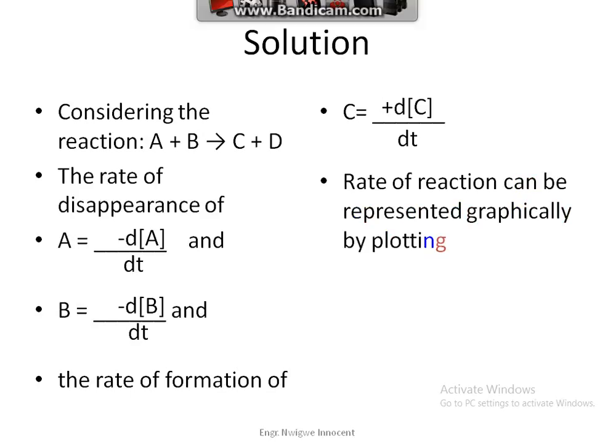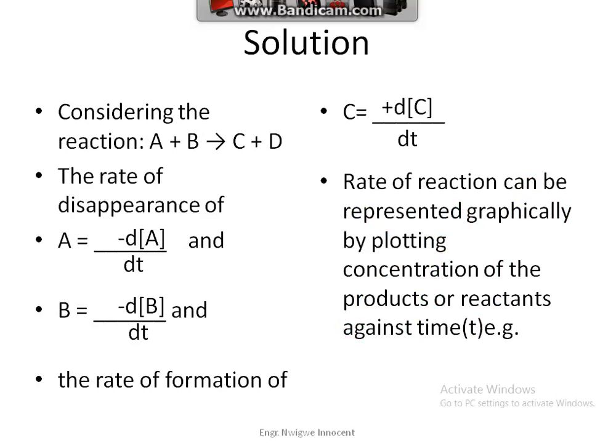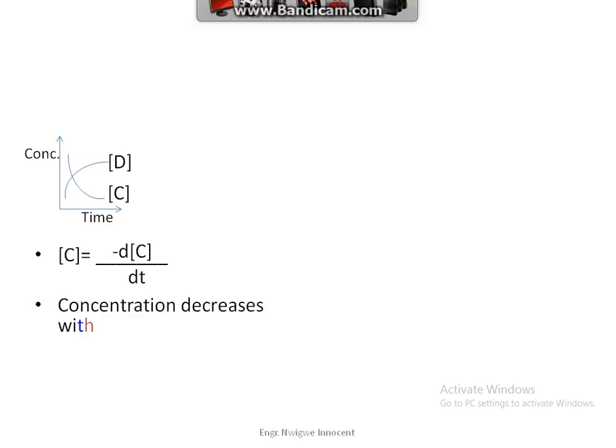Rate of reaction can be represented graphically by plotting concentration of the product or reactant against time. Example: looking at the graph of concentration against time, we have the curve of concentration of D and the curve of concentration of C. The rate for C is equal to minus the change in concentration of C over the change in time; concentration decreases with time.